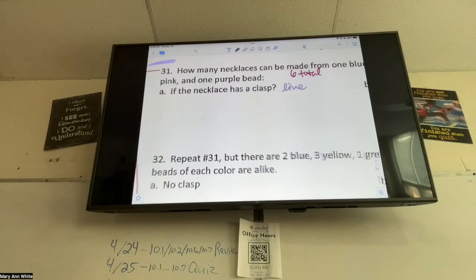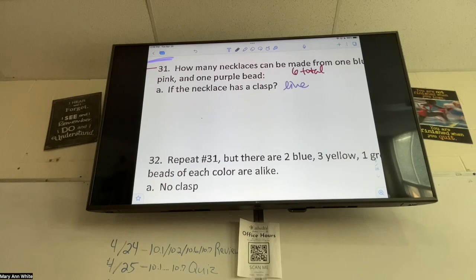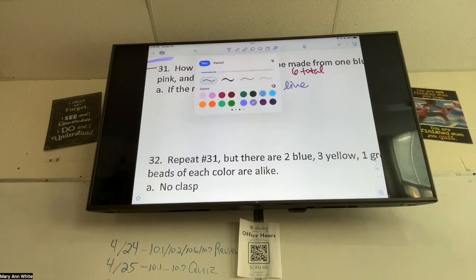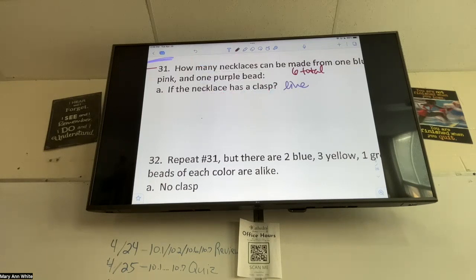Now, if we say we have 6 total beads, do we have any repeats in these beads? Anything we have to be aware of and divide off? Nope. So if I'm just putting these beads in order in a line, or a necklace with a clasp, what would that be? 6 factorial. Awesome. Now we are going to have to divide for the fact that it's a reflection.